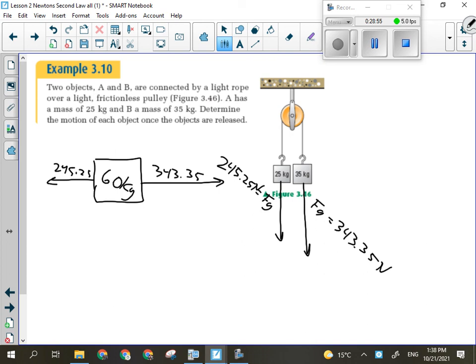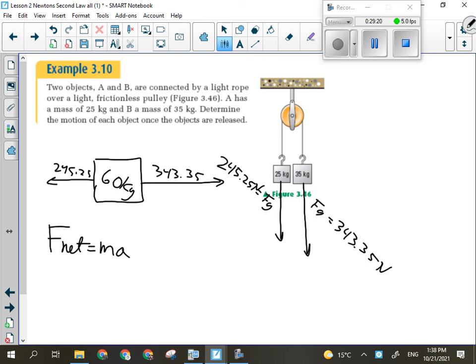The net force in this system has got to accelerate 60 kilograms worth of mass. Right? Once I let this system go, that's what's going to happen. 60 kilograms worth of mass is going to accelerate. All right, what can I calculate right now? F net. Yep. I can calculate the net force acting on the entire system.